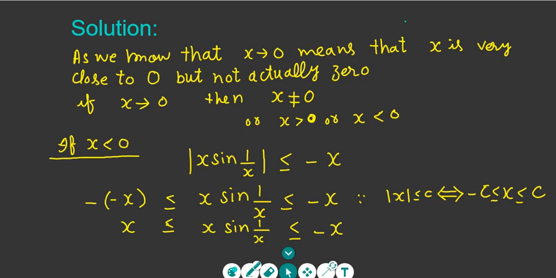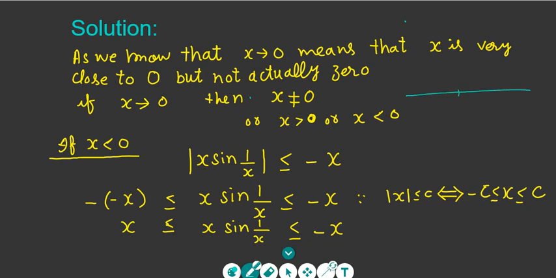As we know, x approaches to 0 means that x is very close to 0 but not actually 0. If x approaches to 0, then we can write that x is not equal to 0, or we can say that x may be greater than 0 or x may be less than 0.